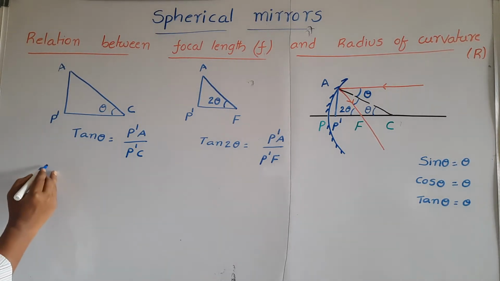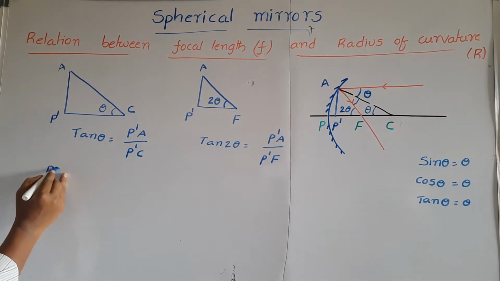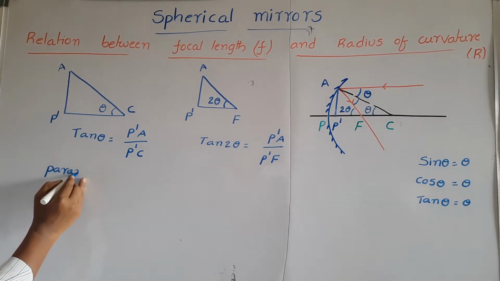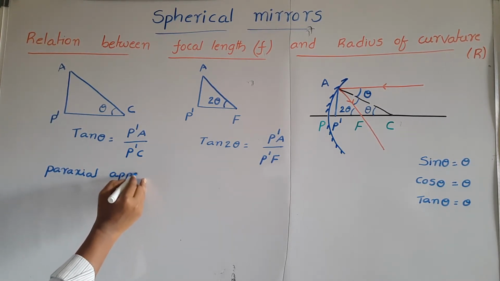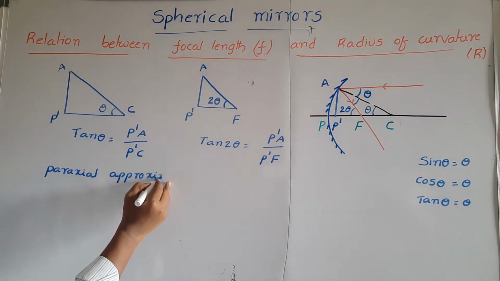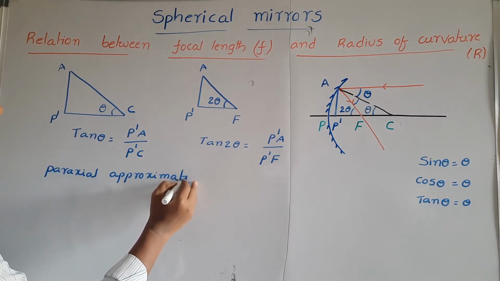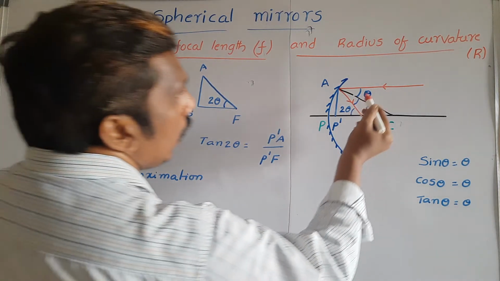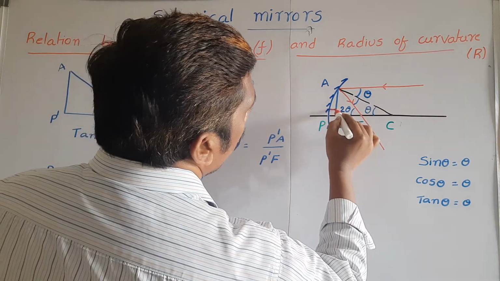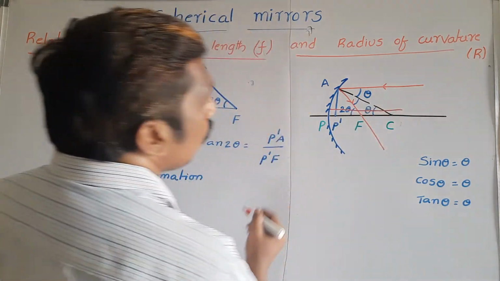So that's why, from the paraxial approximation, we are taking only paraxial rays. Paraxial rays means closer to the principal axis. So instead of this ray, we are taking a ray very close, like this. Then what happens?